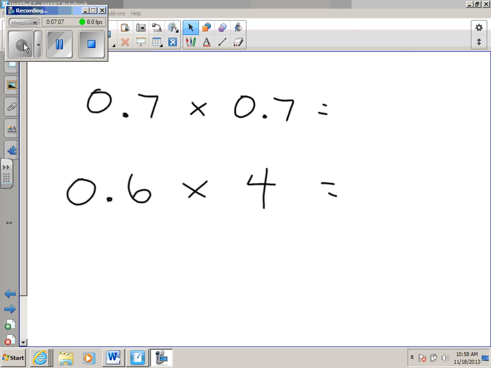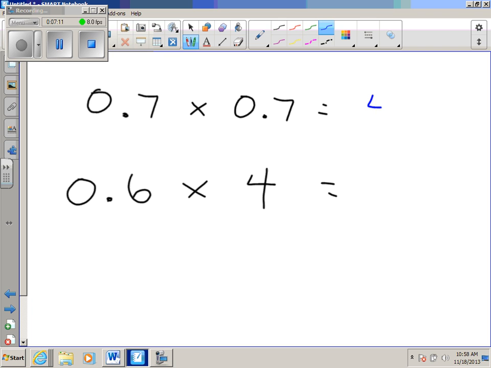Okay, so 7 times 7, Maya, 49 with how many decimals? 2, so 1, 2 puts it right there, 0.49. If you had 0.49, that's great. How many of you got that?